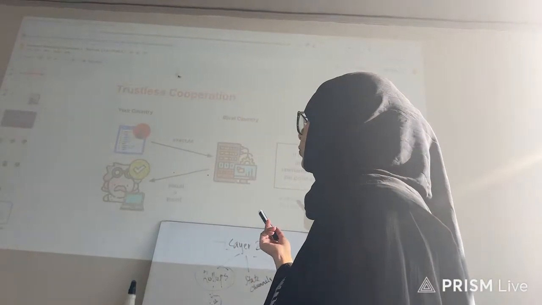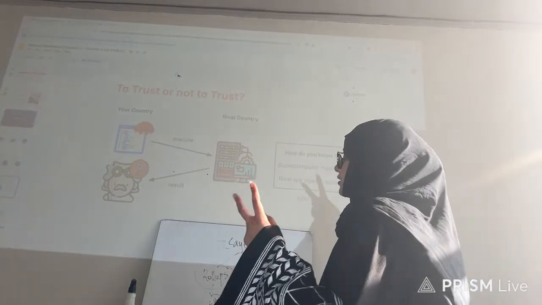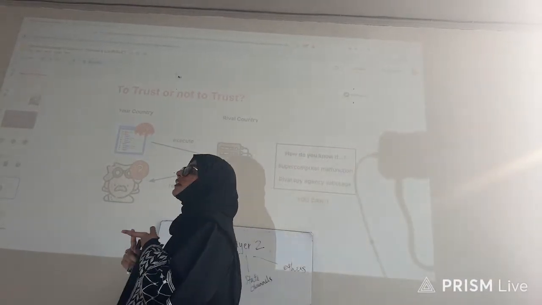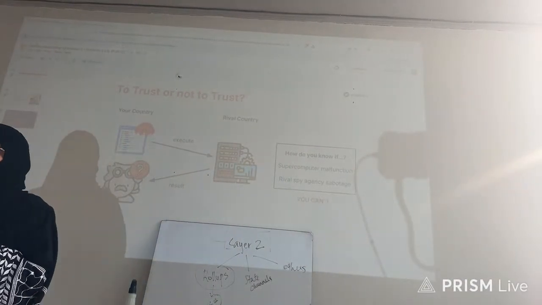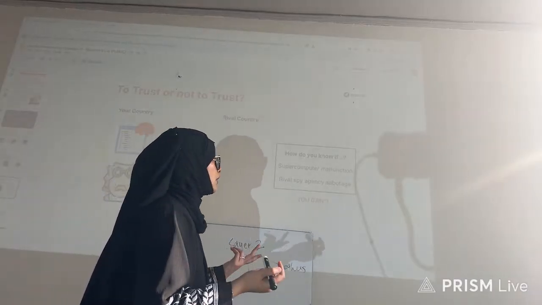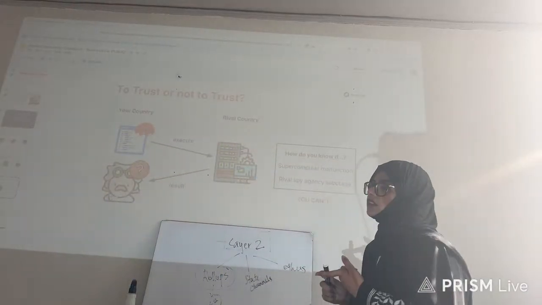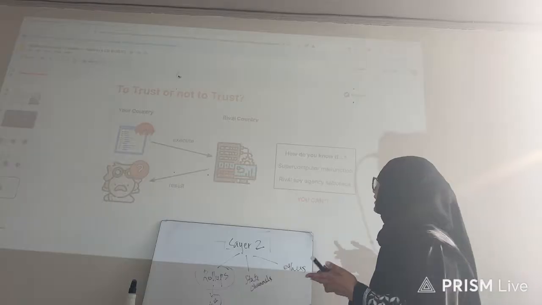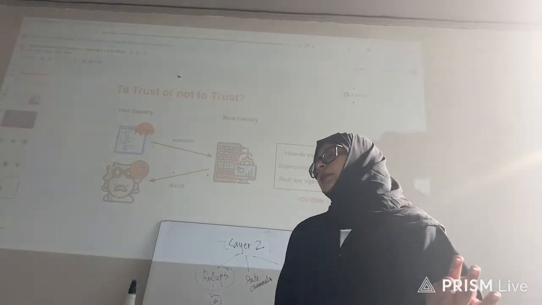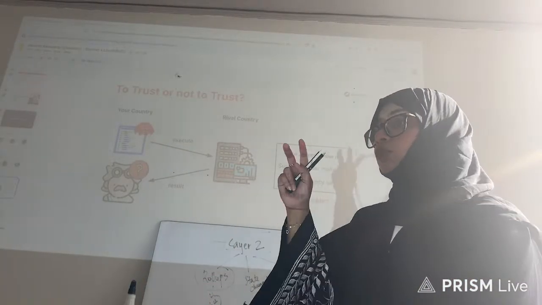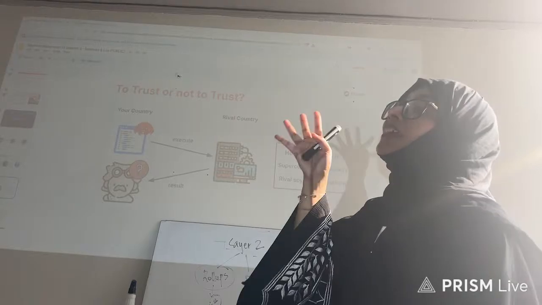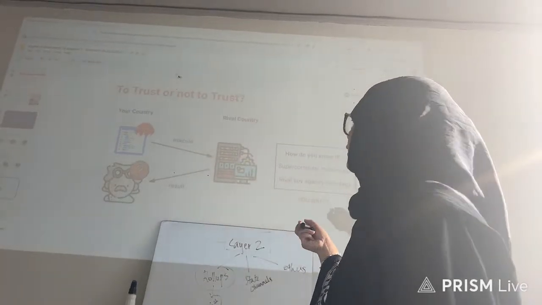Now with the result, there are two issues. You do not know whether it is the right result, because there are two ways that it can malfunction. One is the supercomputer itself malfunctioning, and then there is also an issue of sabotaging, and that's the reason we took a rival country in this example.